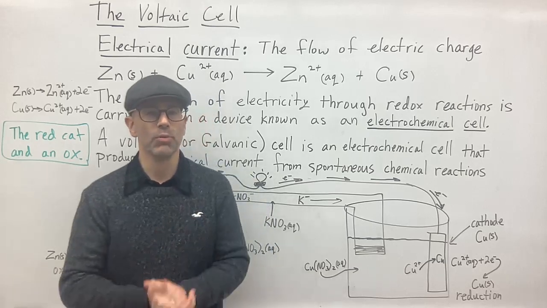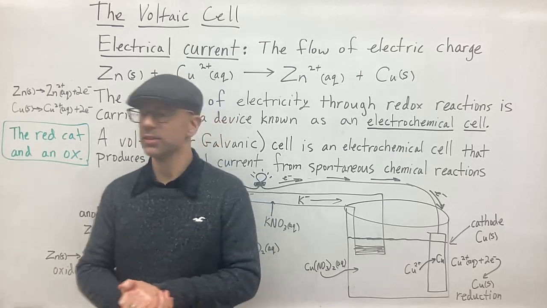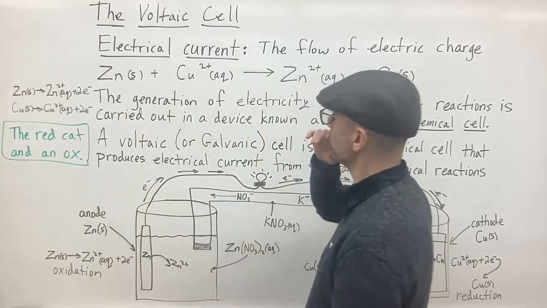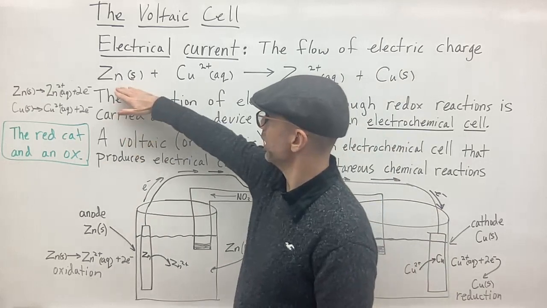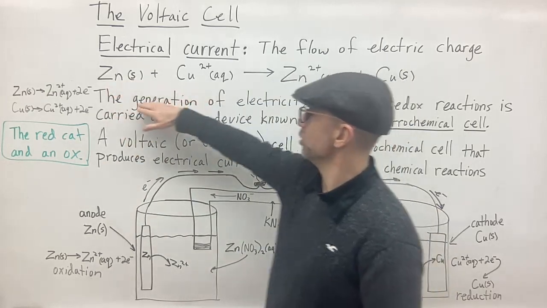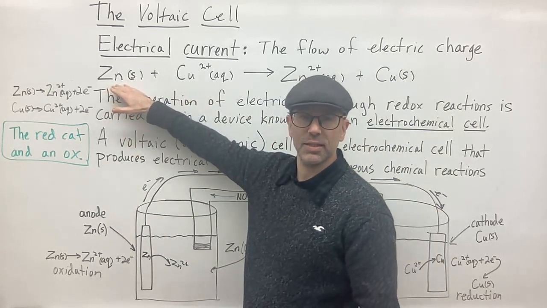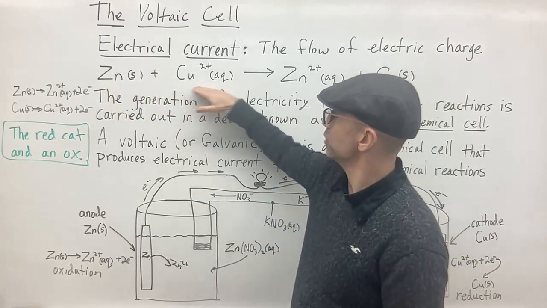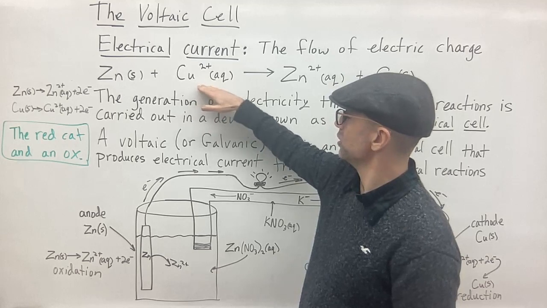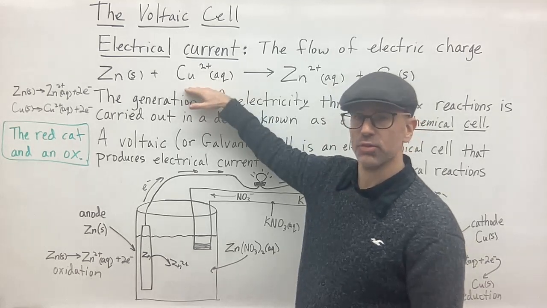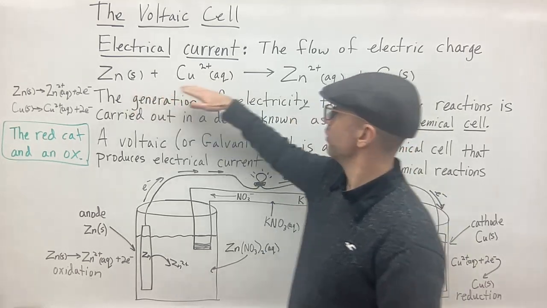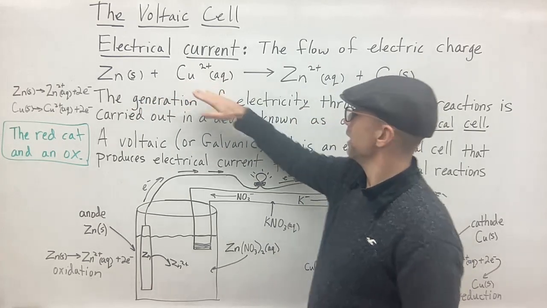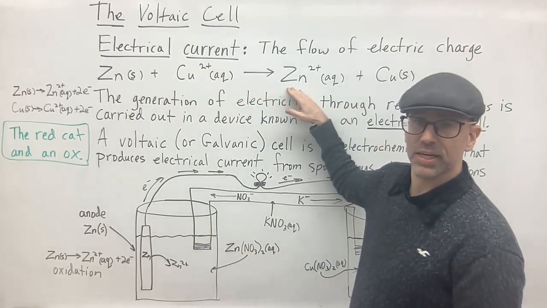Okay, so when we're talking about redox reactions, let's recap what we learned before. Here you have an example of a redox reaction. You have solid zinc with no charge, and that's going to react with copper 2+, which has a 2+ charge on it. Aqueous, so this is dissolved in water. So we have a solid reacting with an aqueous solution of copper 2 ions, and that's going to give us zinc 2+.